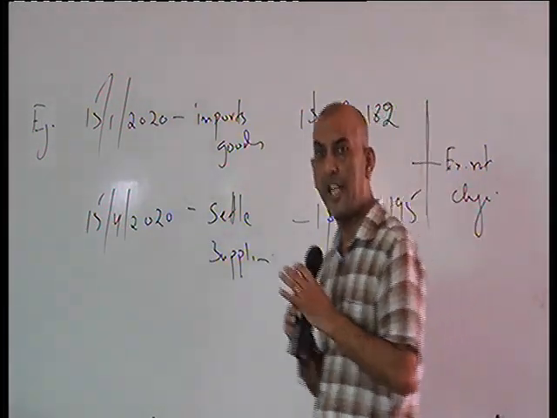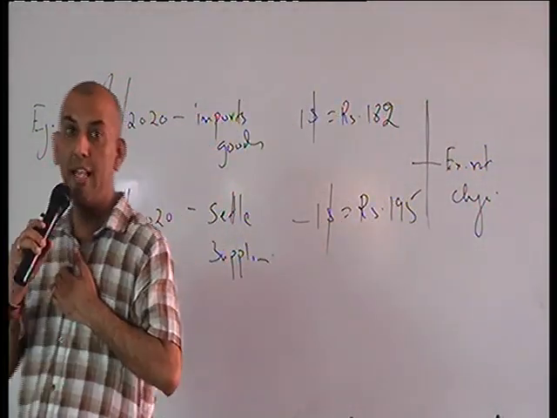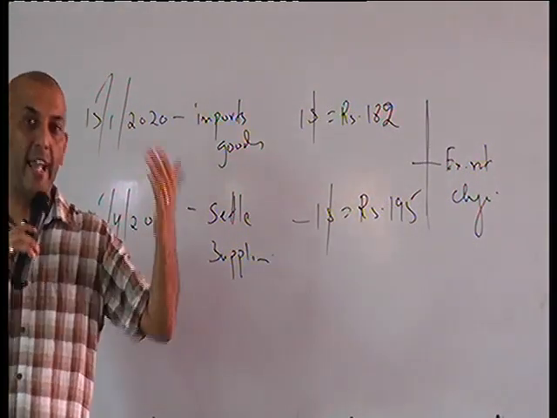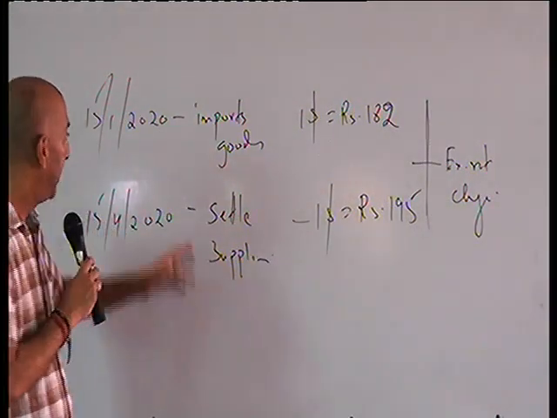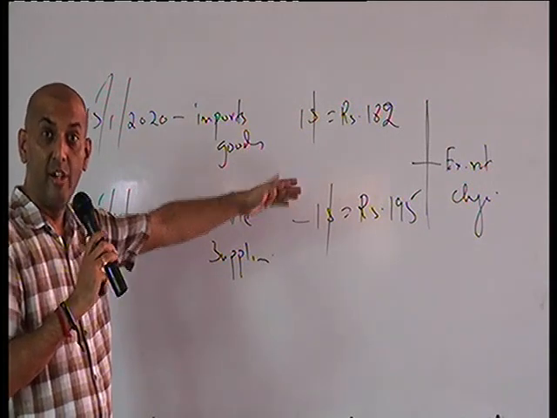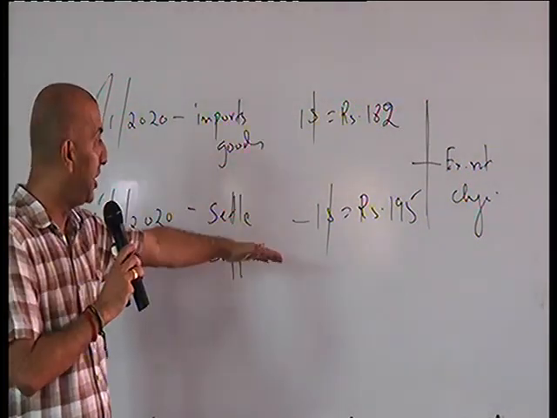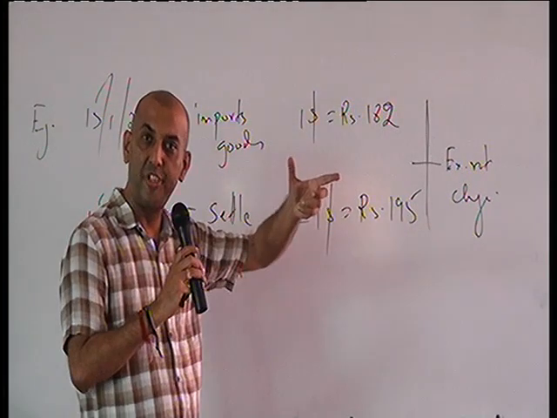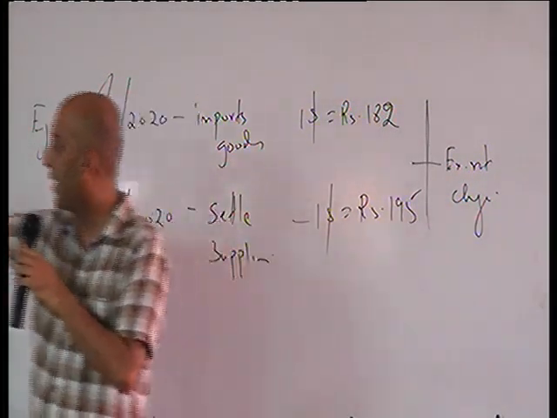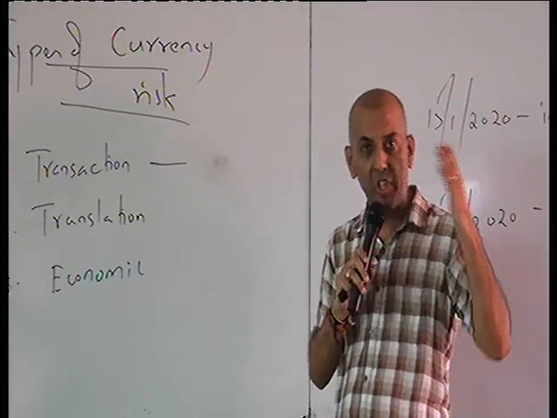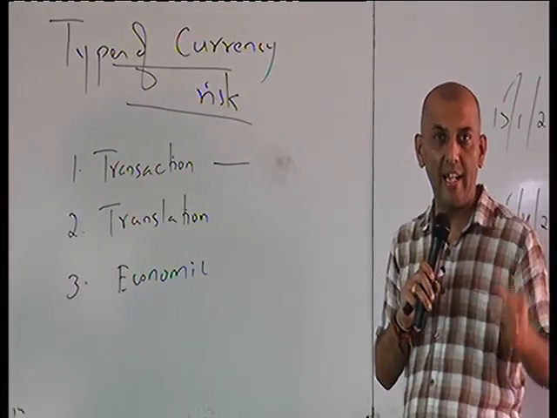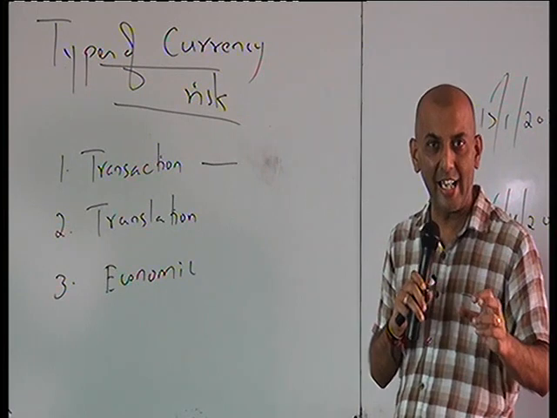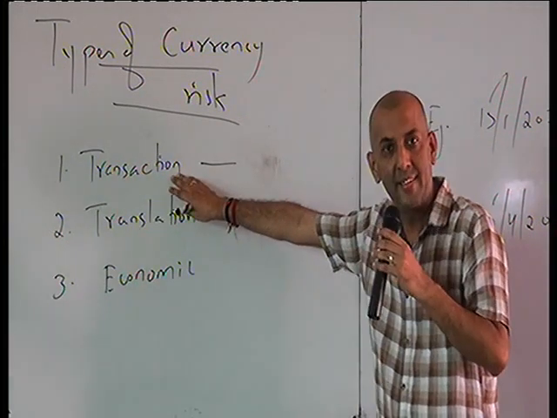It can be for export related also. The day you export and the day you get your money, the exchange rate varying from the export date to the settlement date, that means your money receiving date, the exchange rate variation is called transaction risk. And most of the exchange related risk is relating to transaction risk.